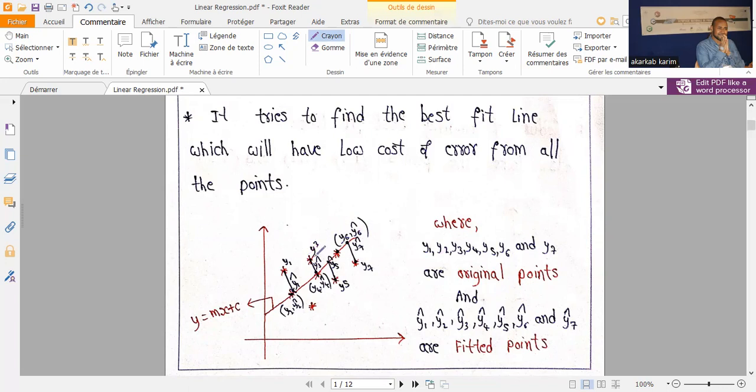Then we have y hat 1, y hat 2, y hat 3, up to y hat 7, which are the fitted points, and the fitted points lie on this line. This is y hat, the predicted values.